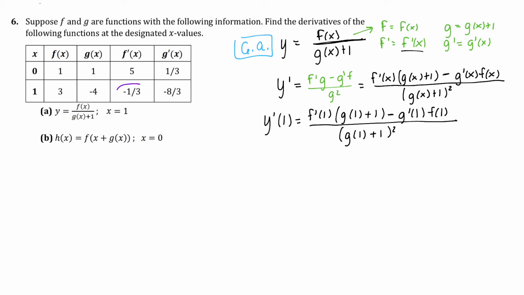F prime of 1 from the table is negative 1/3. G of 1 is negative 4. G prime of 1 is negative 8/3. And f of 1 is 3.